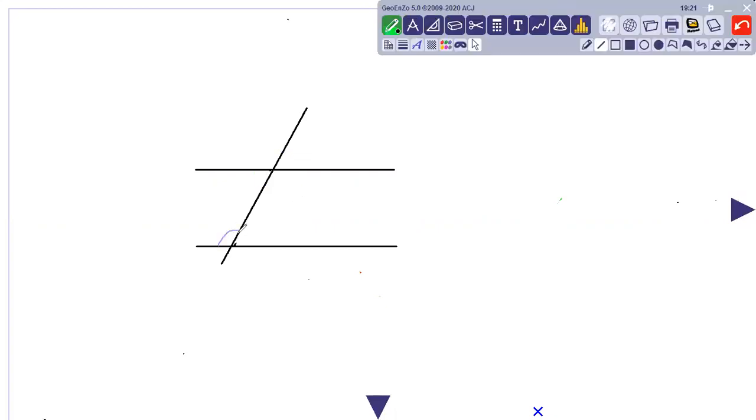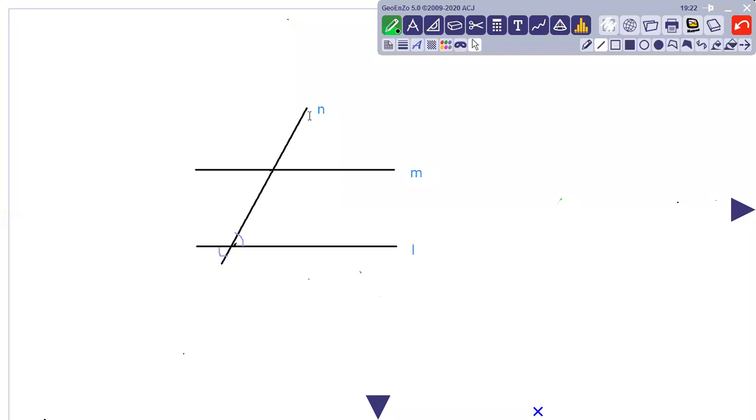Similarly, here also these two angles are vertically opposite angles, equal. These two angles are vertically opposite angles made by the line L and the line N. Vertically opposite angles mean when two lines intersect.